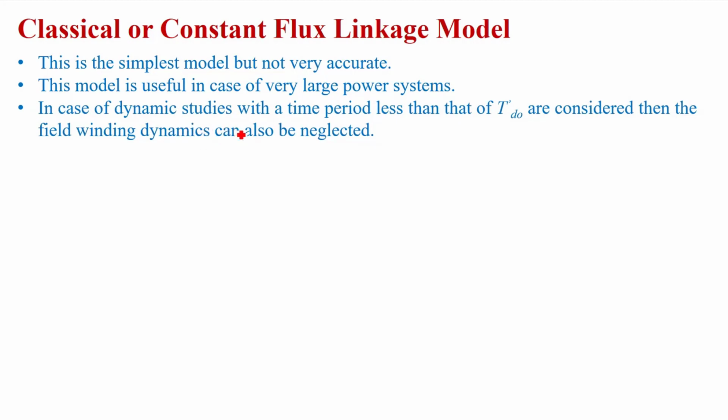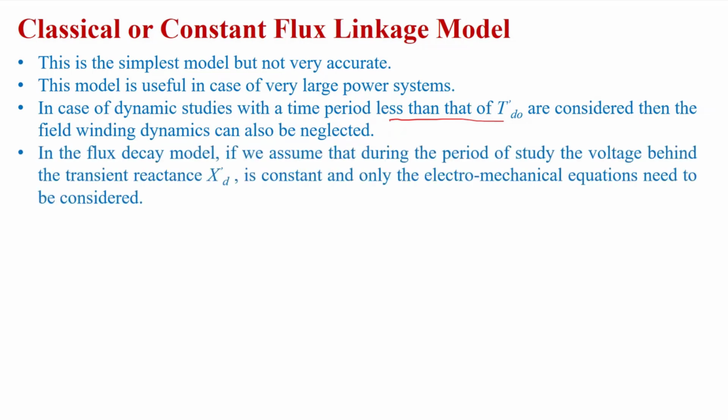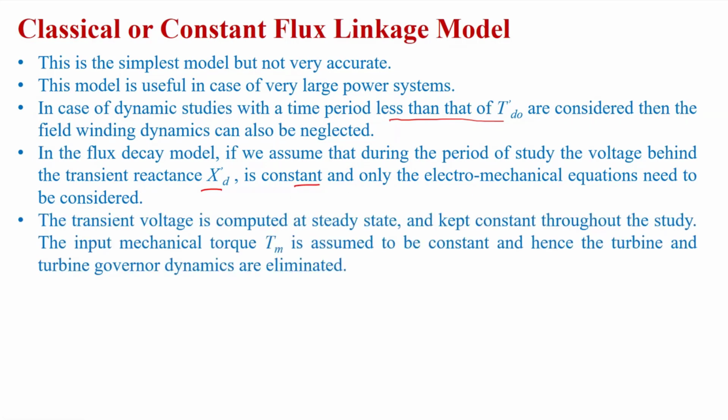In dynamic studies with a time period less than Td0 dash, the field winding dynamics can be neglected, and the transient reactance Xd dash is assumed to be constant. The transient voltage is computed at steady state and kept constant throughout the study.